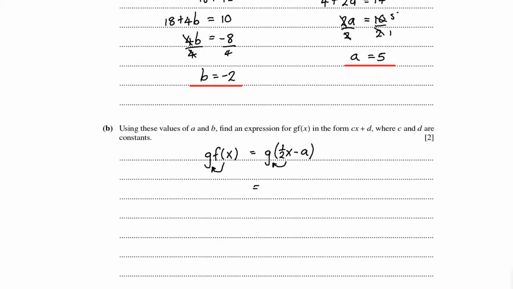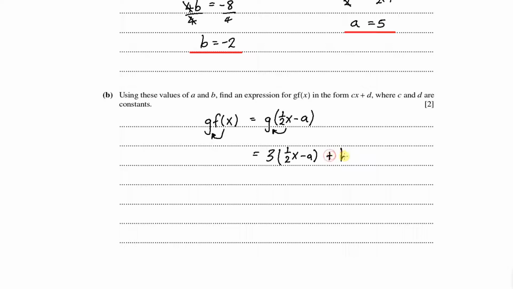So it means I'll be having 3 of x, which is half x minus a, plus b, which is 3 over 2 of x minus 3a plus b. But you know, we had gotten a as 5 and b as minus 2.